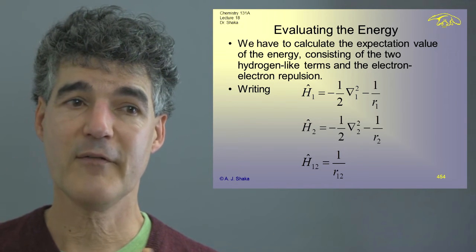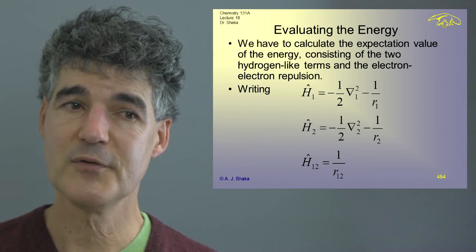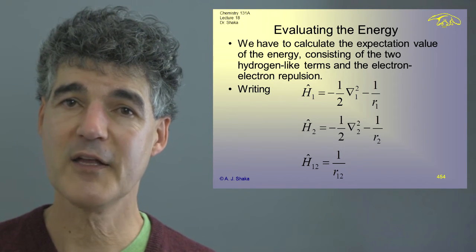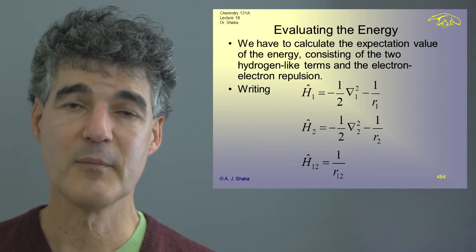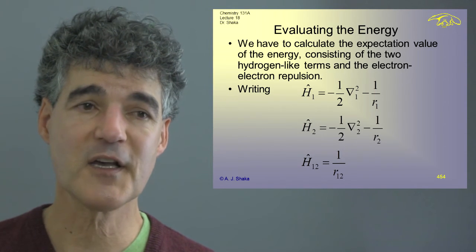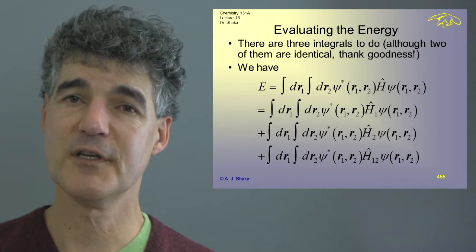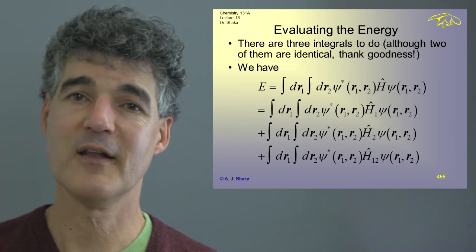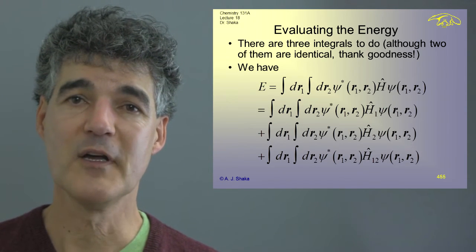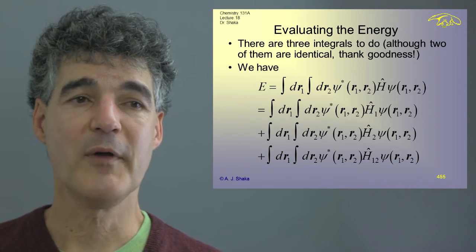Here we have our three Hamiltonians, H1, H2 in atomic units, and H12 I'll call, which is the interaction term that mucks it up, prevents the energy from just being the sum. And we have three integrals to do, but thank goodness two of them are identical, just with electron 1 and electron 2. There's no point in doing that one over. And here's what we get.